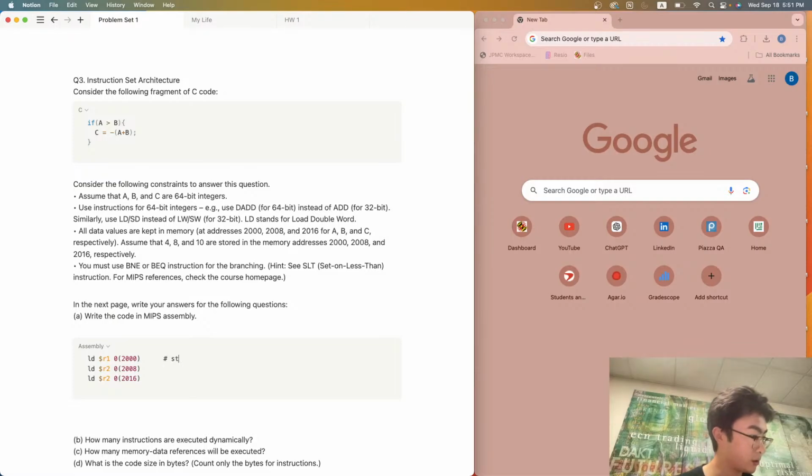So this should store A, call this B, and I don't know why there's always a dot. Oh, it's because I need these commas. Okay. And C.